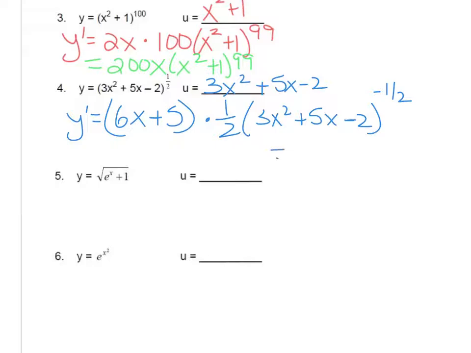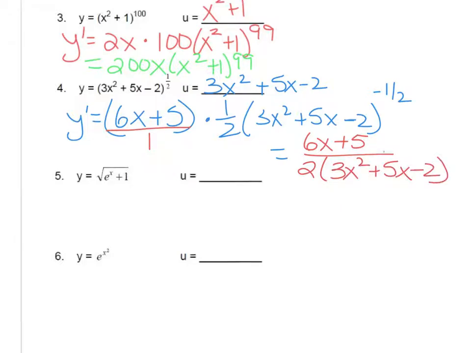So to simplify number 4, I'm going to think of the 6x plus 5 as over 1, so I can line up my numerators and denominators. In the numerator, we're going to have 6x plus 5. And in the denominator is going to be 2, because of this 2, times the quantity to the negative exponent, when that moves to the denominator, then the exponent becomes positive.